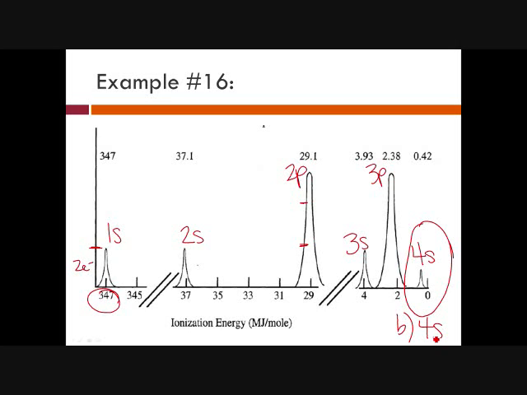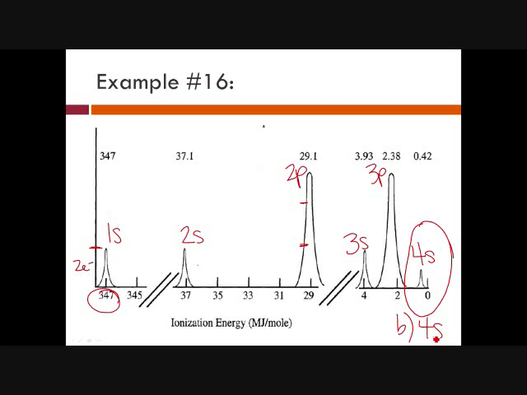Think about this as a representation or timeline model of how far away from the nucleus things are. If this is the nucleus, the 1s electrons are closest to the nucleus, and the farthest away are the 4s electrons. So we would want to lose the 4s electrons.